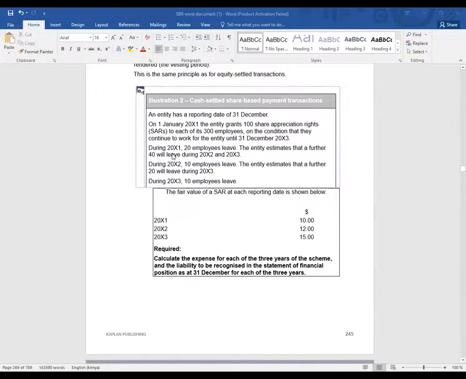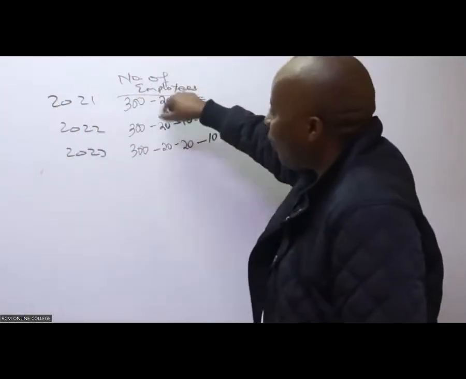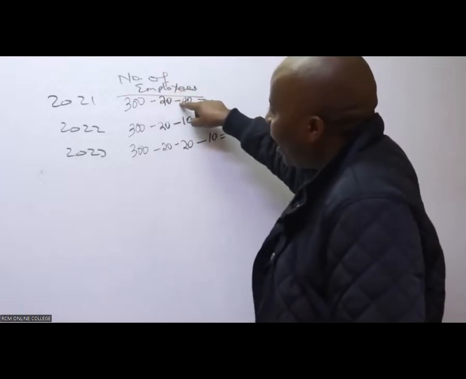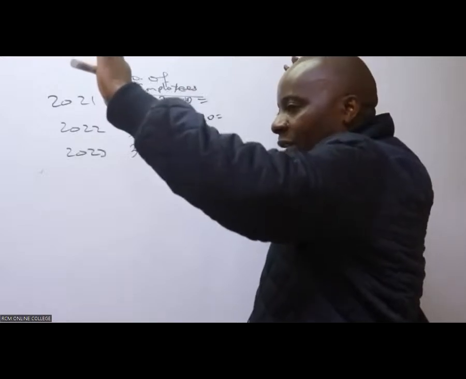So then what will we do? As an actuary, I will look at it this way. I have 300 guys at the beginning, and 20 have left. And then I expect 40 to leave in the future. So I'm trying to make my estimates here. So in 2021, I'll subtract the guys who have actually left, minus the guys I expect will leave in future.